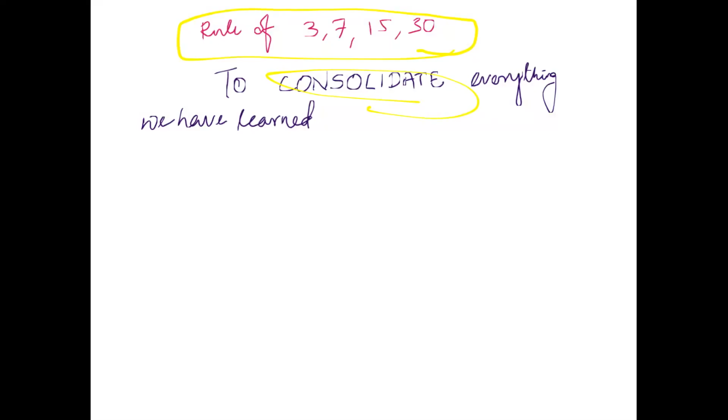So suppose today is 1st January, and what I have read I will revise on the 3rd January, then on the 7th January, then 15th January, and then 30th January.